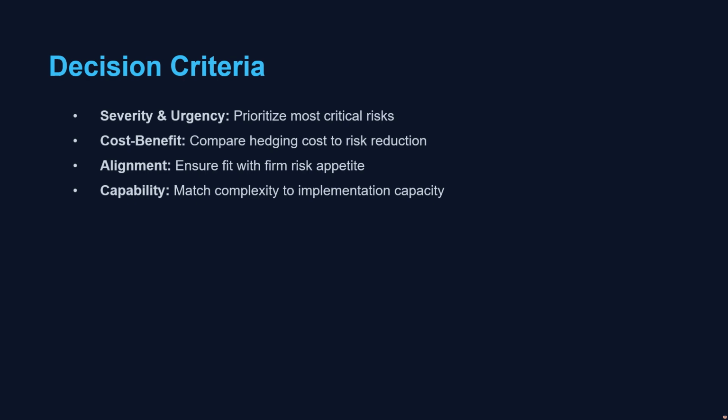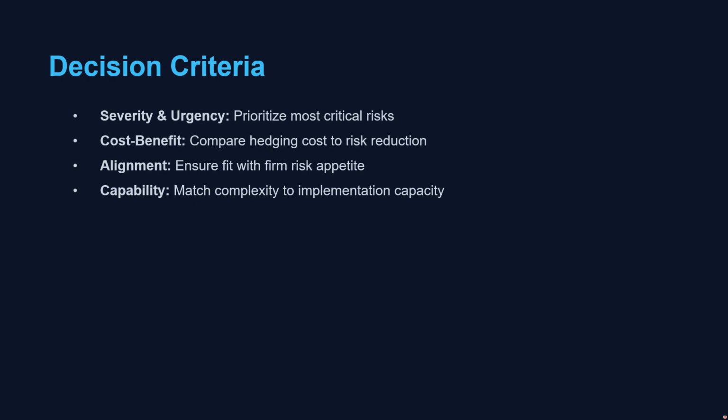Here, you compare the cost of the hedge with the reduction in expected loss, tail loss, volatility, or distress probability. In a more advanced framework, you might think in terms of risk-adjusted return or capital efficiency. A useful exam-oriented expression is the calculation of ROIC, which we already have calculated in our previous video.